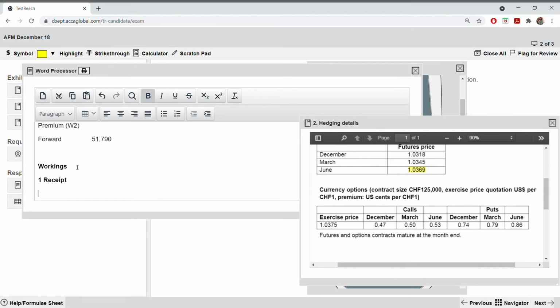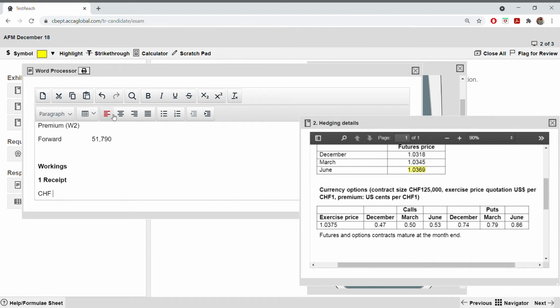Receipt, same way as we have done for future, convert it into dollar. So to convert into dollar, CHF, it's not 12.3 million, it is 12.250 million, right? But here what do you have to do?